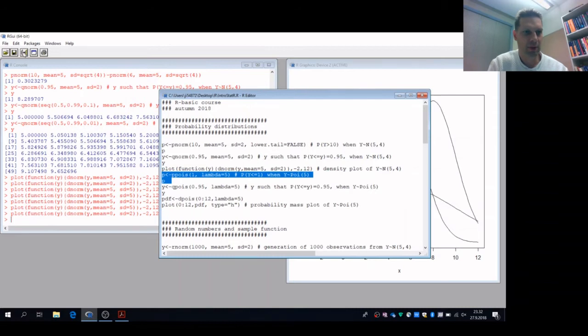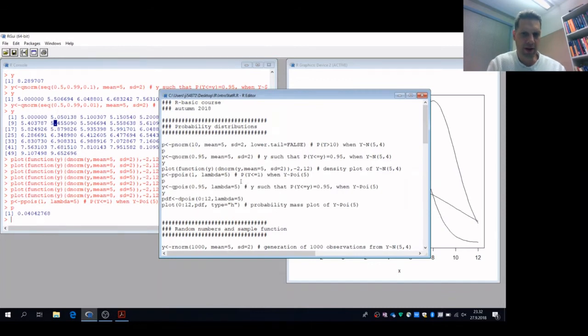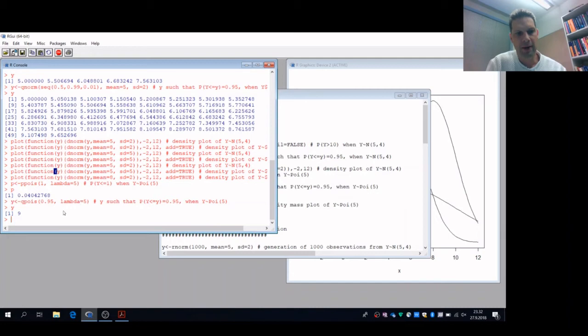So we have a typo there. I have to correct that. So it's this way around. And for quantiles, if we want to calculate the quantiles in a case of the Poisson distribution, lambda being 5, then we can use this sort of a function, and it gives us the value 9.